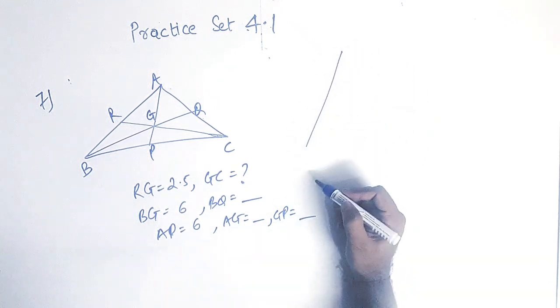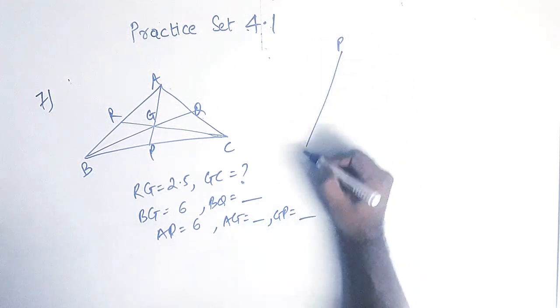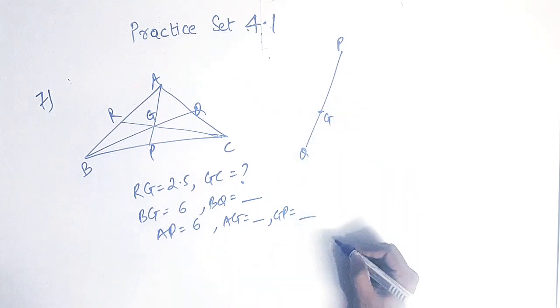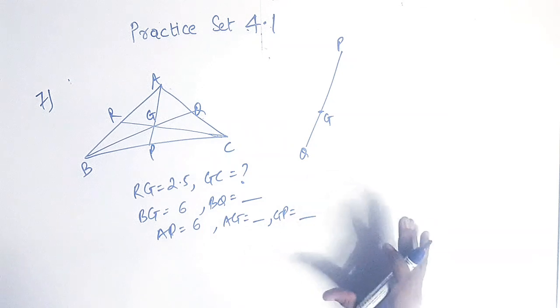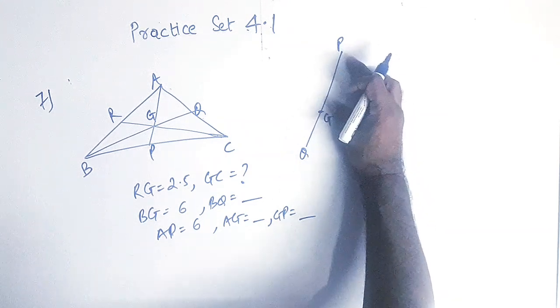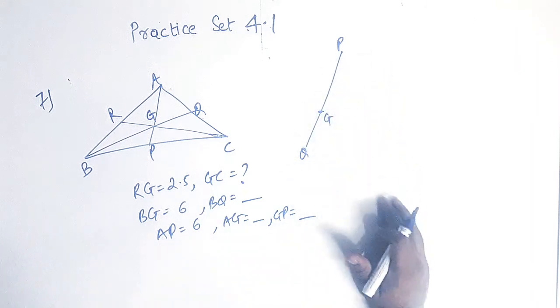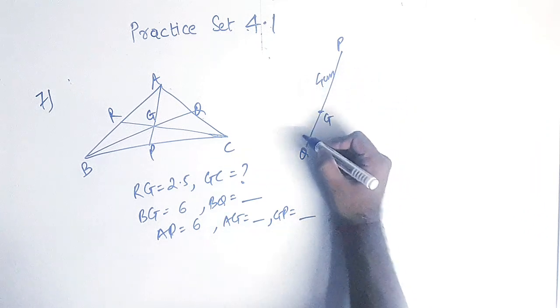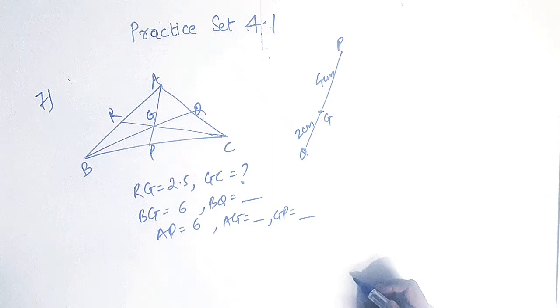This is a median. Suppose PQ is a median and here lies G. Okay, so the ratio you understand, ratio is 2:1. PG upon GQ will be 2/1. Means if you know PG is 4 centimeter, so automatically this will be half of PG. It will be 2 centimeter.